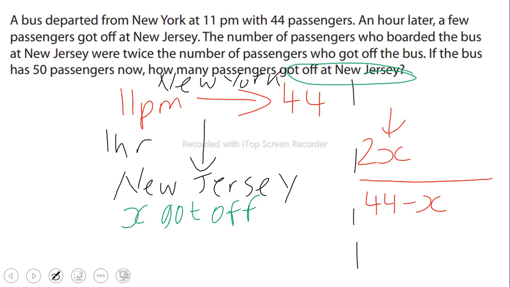But we know that we have 50 passengers now. A certain number was added too. How about you do 50 take away 44, then divide it by 2? If the bus has 50 passengers now, how many passengers?